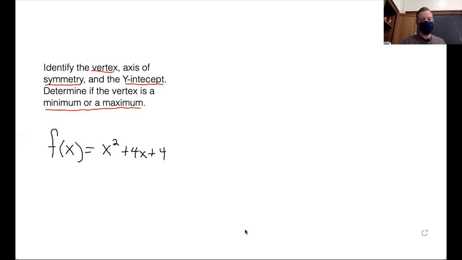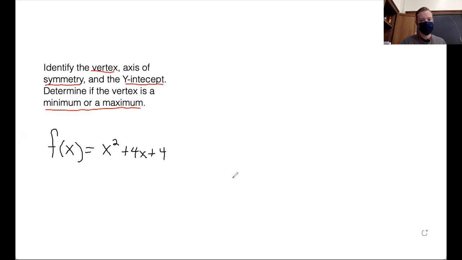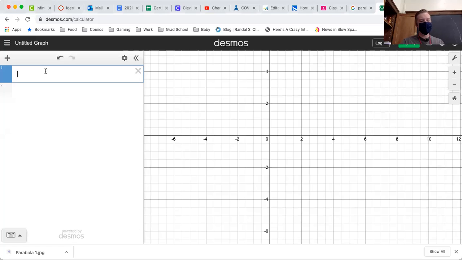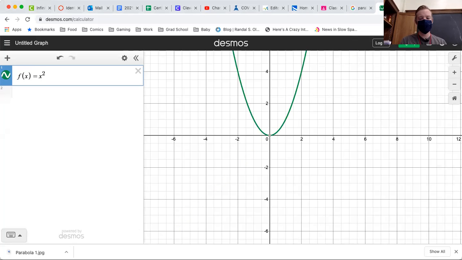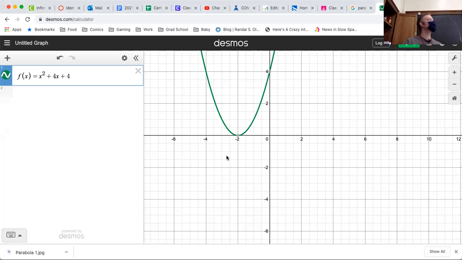All right, so if we go ahead and graph this out as I clear things out, then we have f of x equals x squared plus 4x plus 4. Oh, I did have it on freeze. Thank you. And so our graph should look like this.